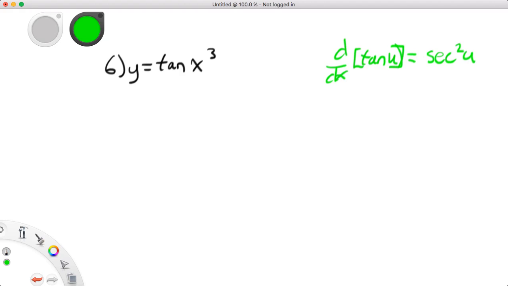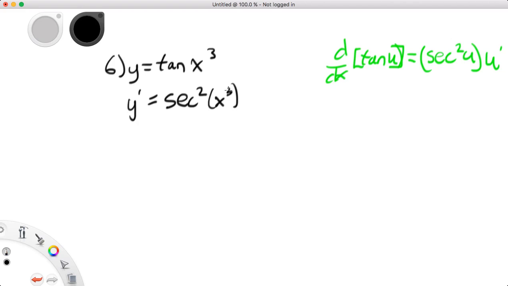Okay, so if we have something like y equals tan of x cubed, this is number 6. On our cheat sheet, it says that d over dx of tan u is going to equal secant squared u times u prime.